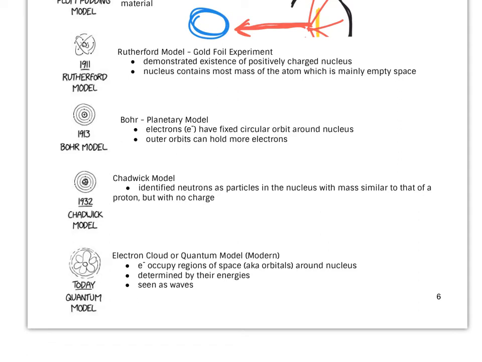Then it wasn't until 1932 that Chadwick adapted Bohr's model just a tad, because he identified that neutrons were the particles in the nucleus with a similar mass to that of a proton, but they had no charge. So remember, neutrons are neutral.